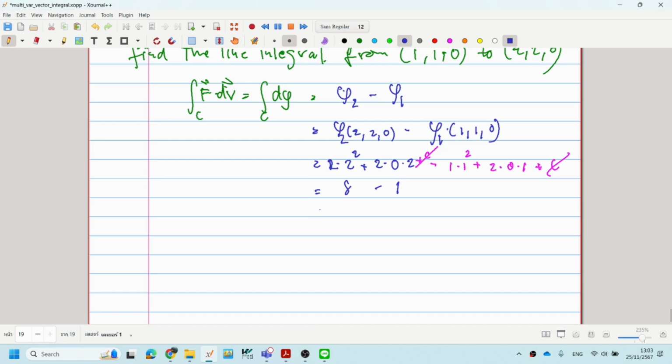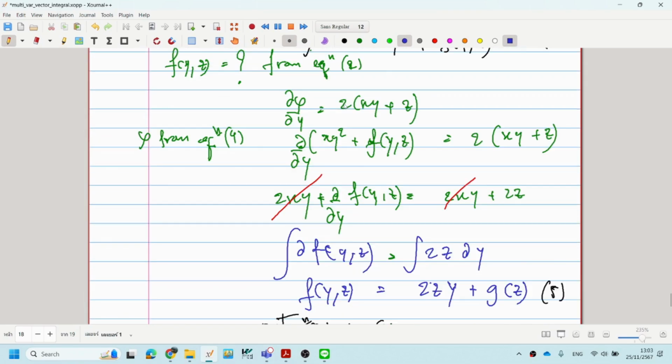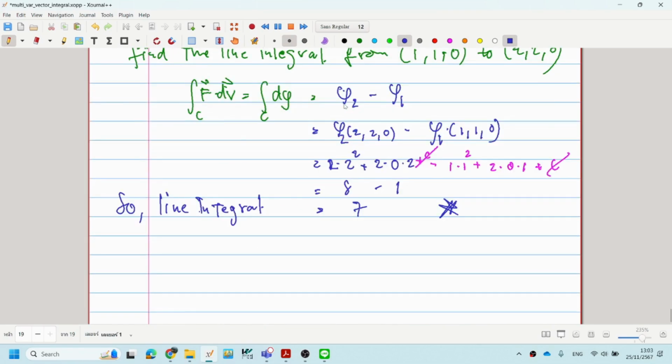You got the line integral value is 7. Okay, done. That's it, this example is done.